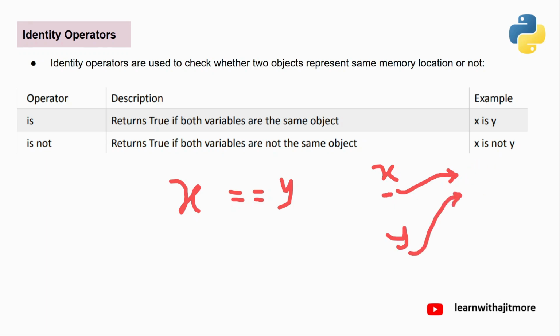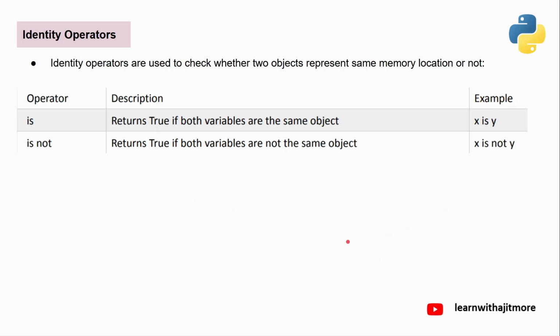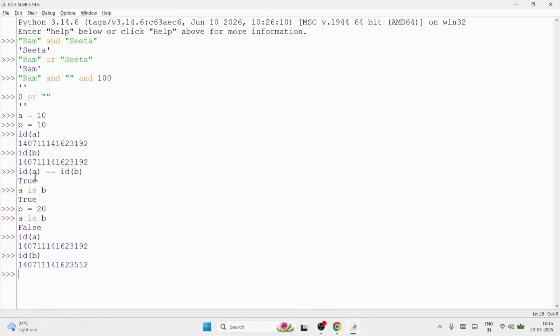Means whatever the address is kept, getting? So is the address of x and y the same? That's what I showed you in the harder way also. You can check whether A and B's address is the same or not by this way also. This is the harder way. You're finding the address of A, you're finding the address of B, and then you're comparing those addresses, right?